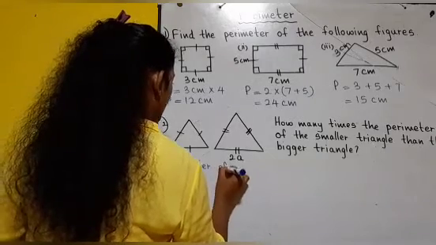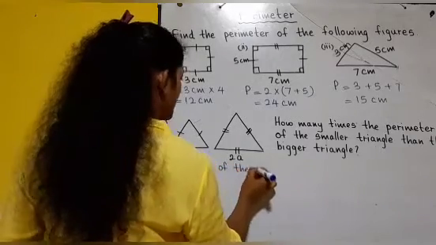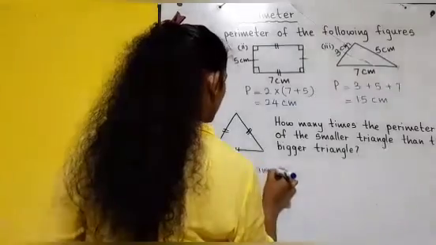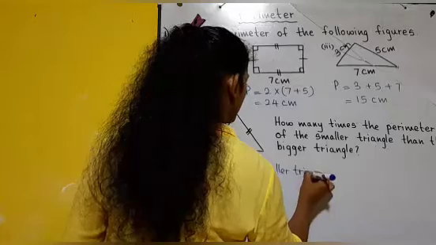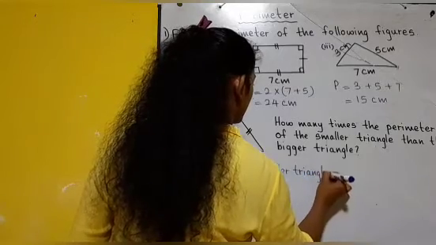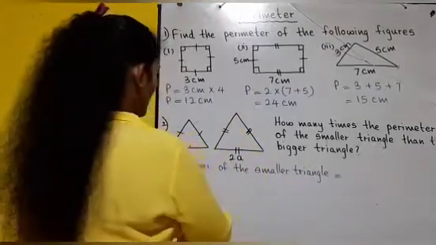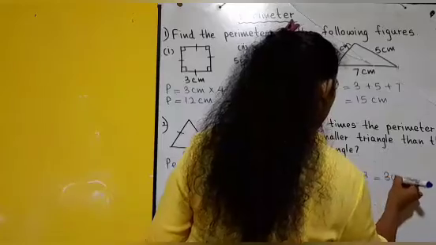Perimeter of the smaller triangle equal to A multiplied by 3. That is 3A.